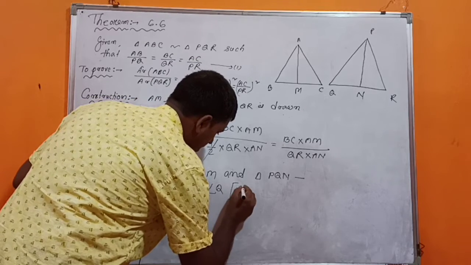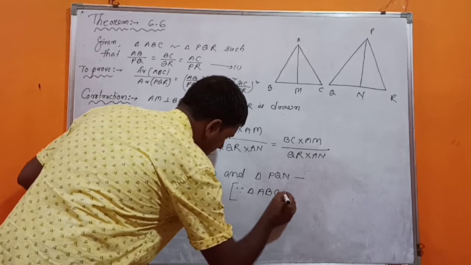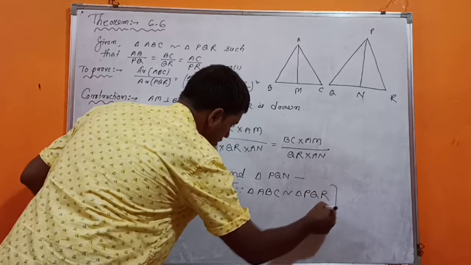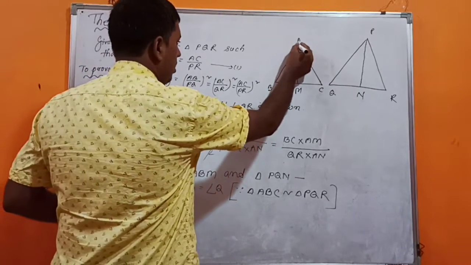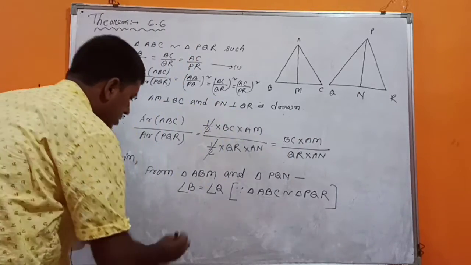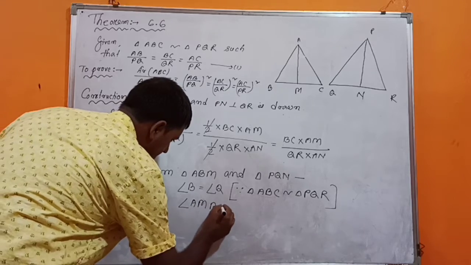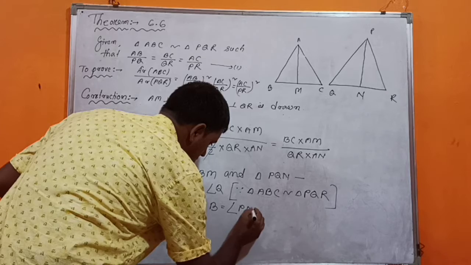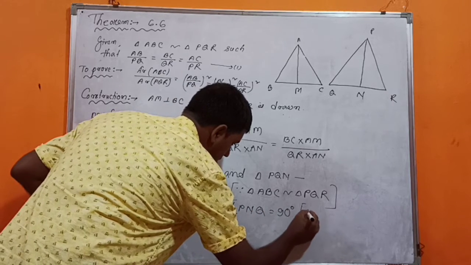In brackets you can write, since triangle ABC is similar to triangle PQR. And as I have drawn the perpendiculars on BC and QR, it means angle AMB is equal to angle PNQ, equal to 90 degrees, by construction.